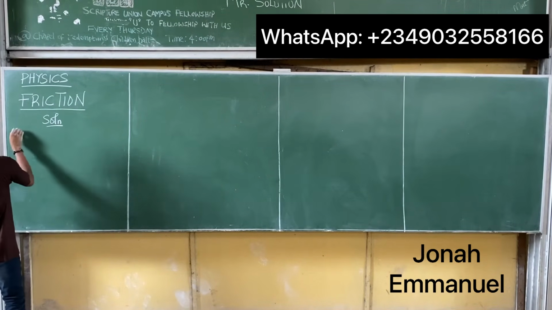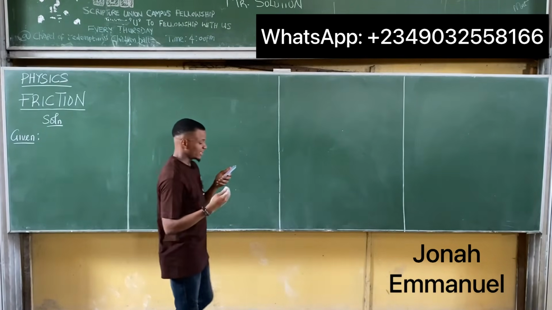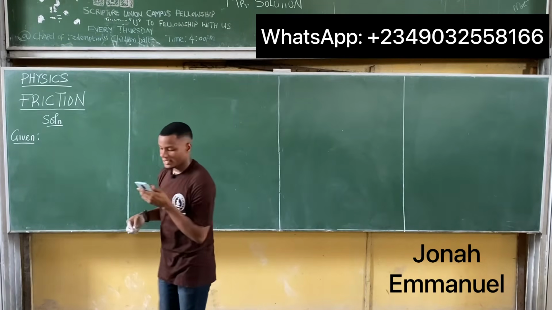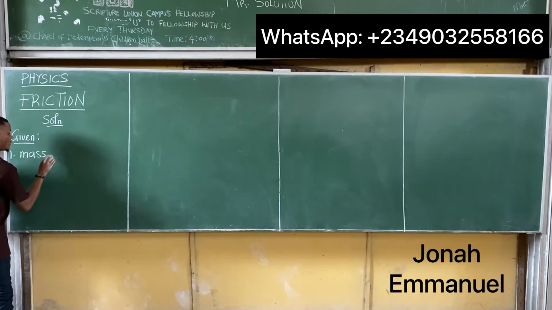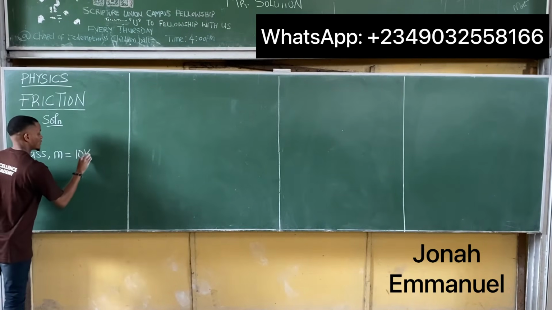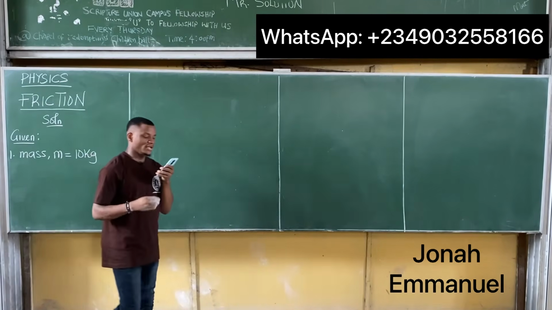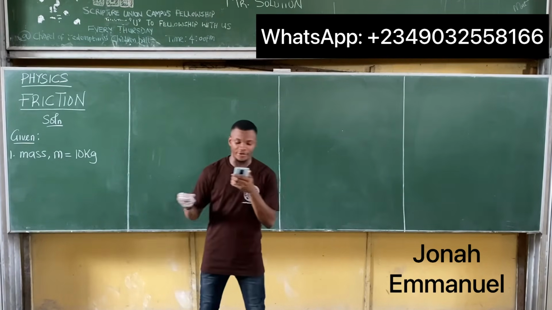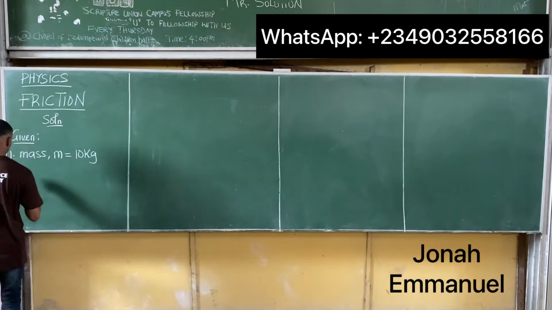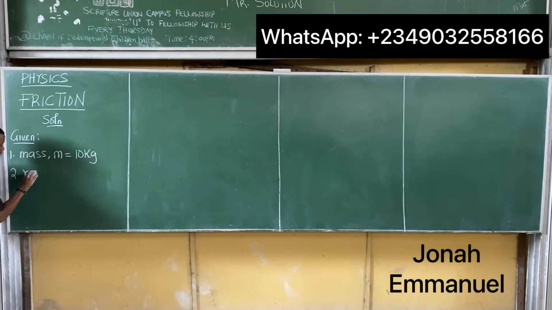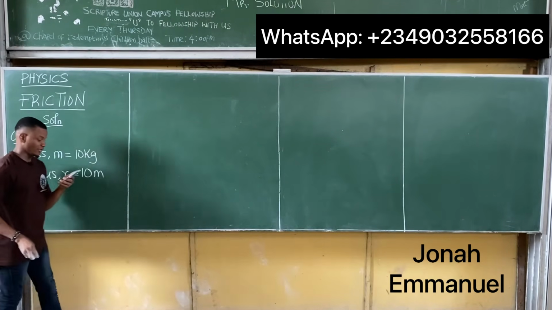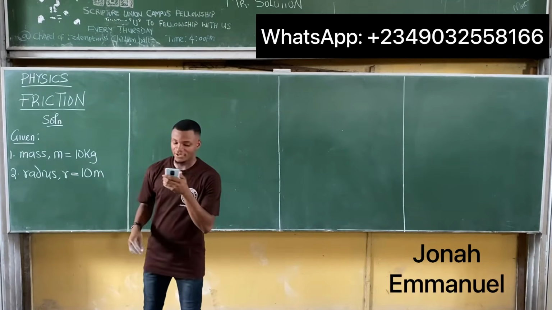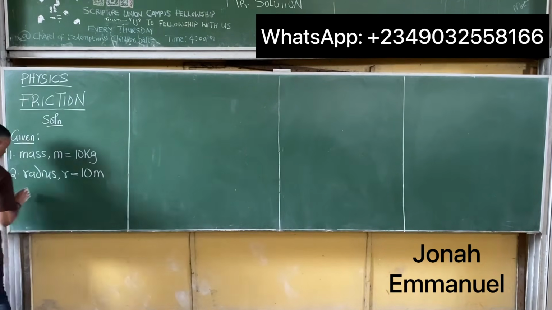My task, as usual, first of all, list out given parameters. What am I given there? They said a motorcycle of mass 10 kilogram. Number 1, I'm given the mass M as 10 kilogram. They say it moves around in a circle of radius 10 meters. Number 2, I'm given radius R as 10 meters. Next up, with velocity of 5 meters per second.